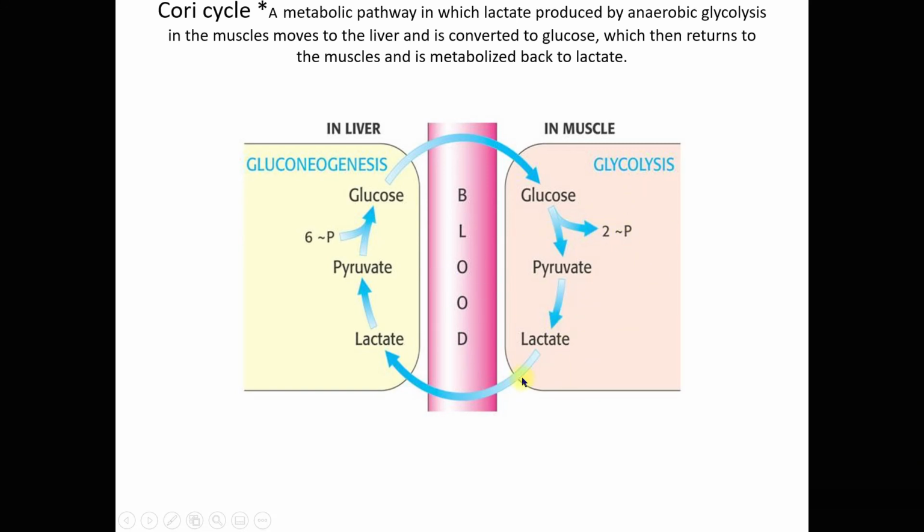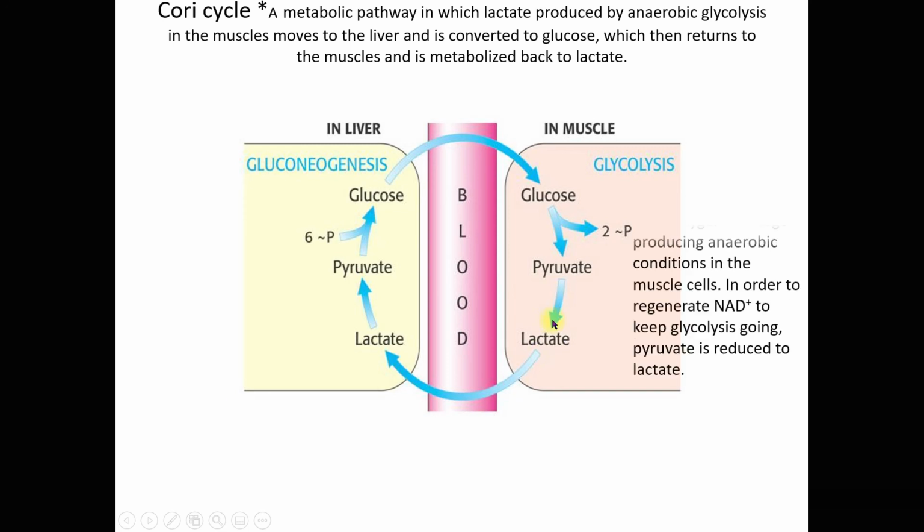This lactate moves to the liver via the bloodstream, and in the liver, this lactate will be converted into glucose, which is then transported into the muscle by the bloodstream. And then in the muscle, this glucose will again be metabolized back to lactate, and the cycle continues.